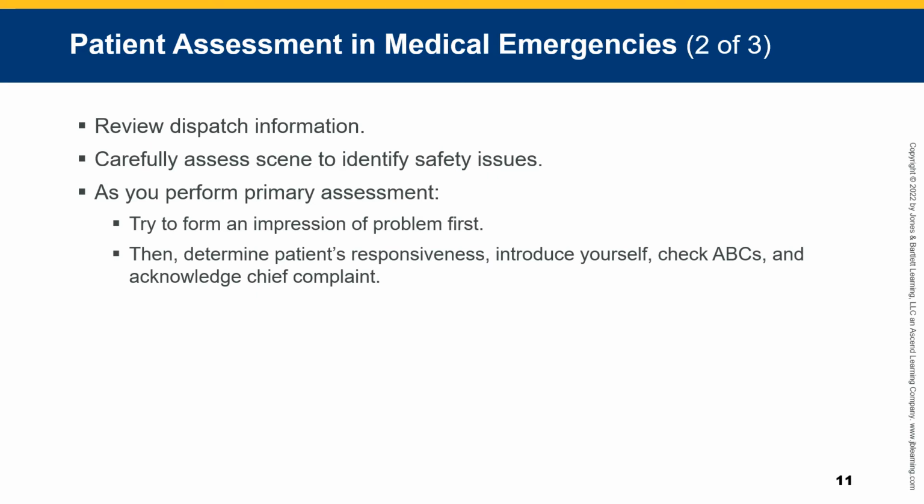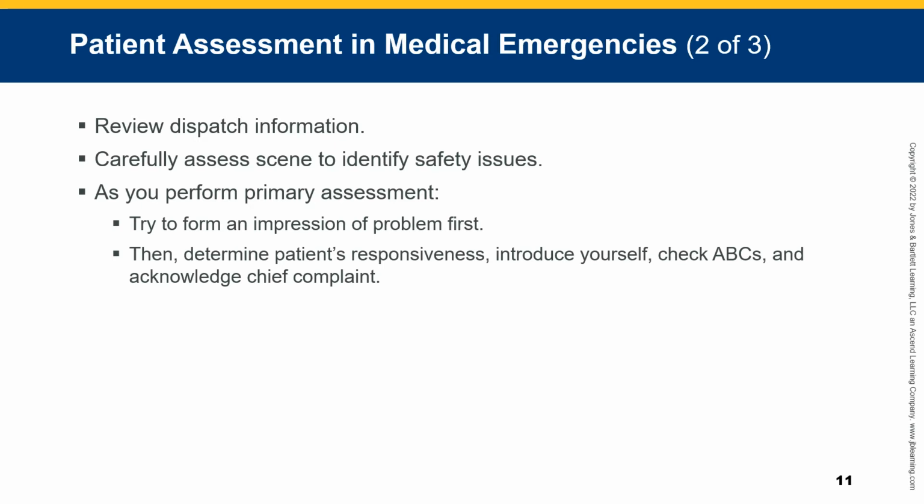When it comes to patient assessment in medical emergencies, you want to make sure you review your dispatch information to help you decide which problems are likely. This also helps you to pre-plan which set of gear you're going to retrieve from your unit.